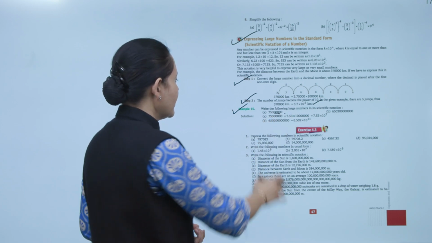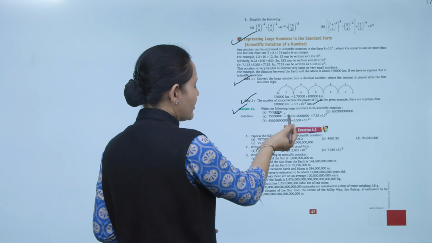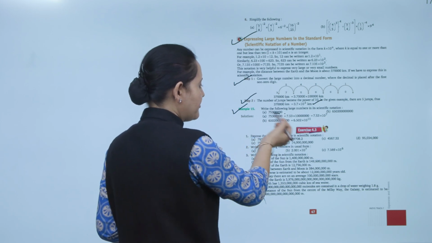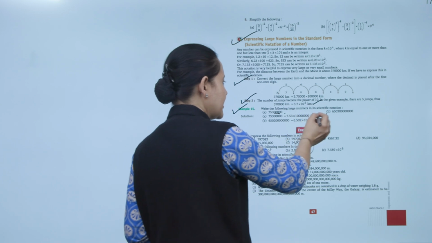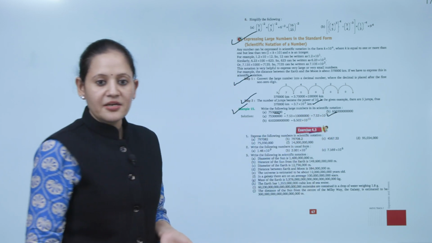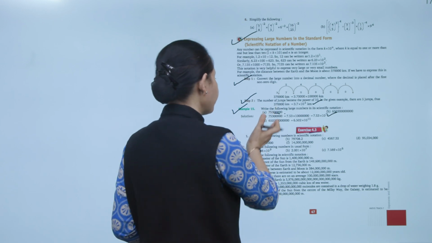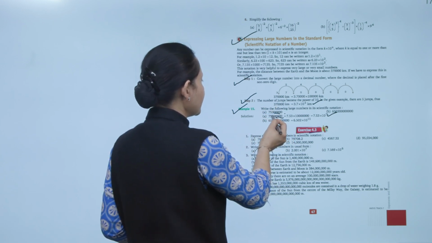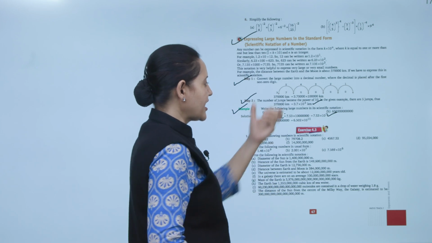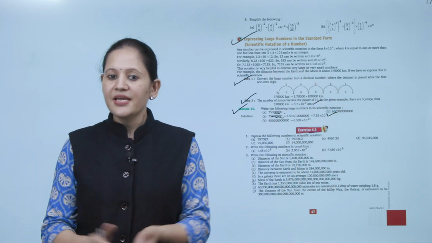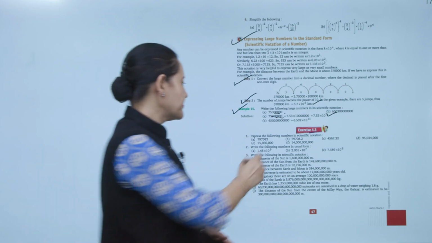We placed the decimal after 7. Where have we placed the decimal? 1, 2, 3, 4, 5, 6, 7. After 7 digits, so we'll write it as 7.53 into 10 to the power 7. Clear? Next is exercise 4.3.